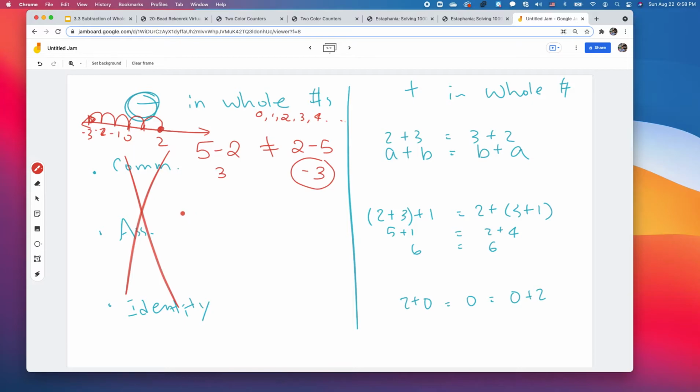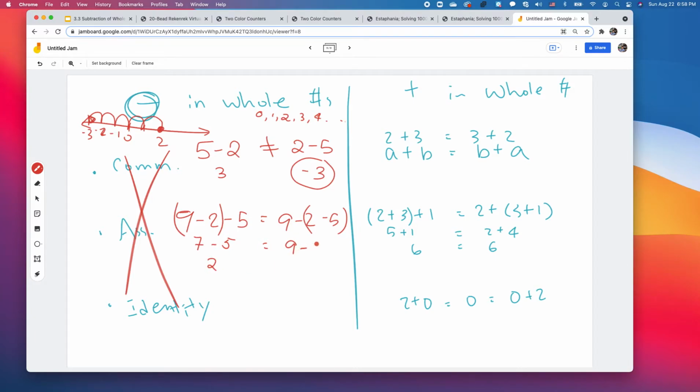So, associative property. Let's see if it works. I'm going to start with a big number, like 9 minus 2 minus 5. Is this the same as 9 minus 2 minus 5, grouping the 2 minus 5 first? 9 minus 2 is 7. 7 minus 5 is 2.